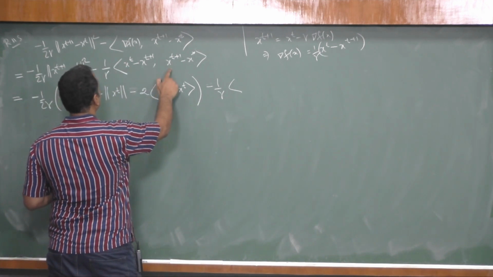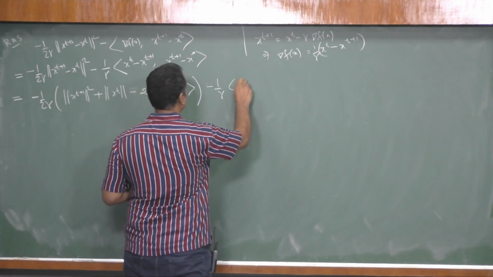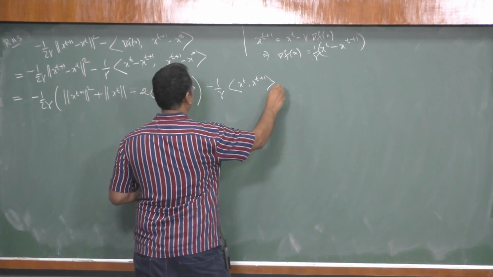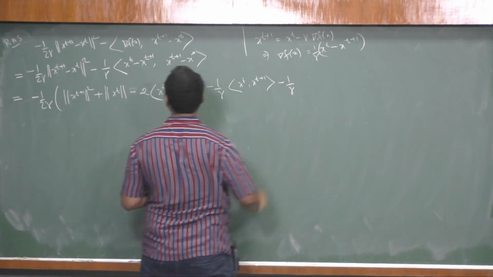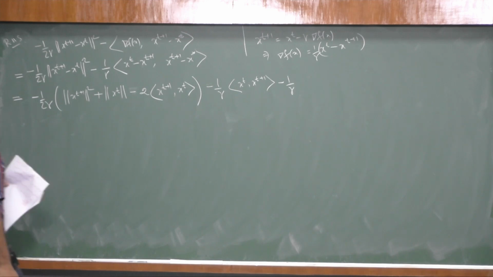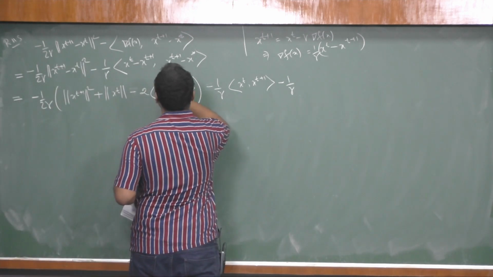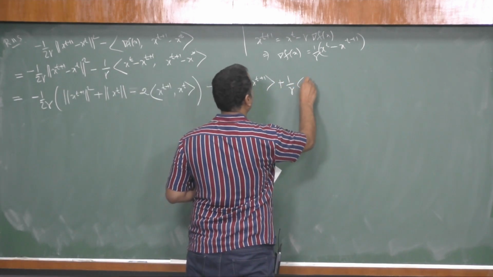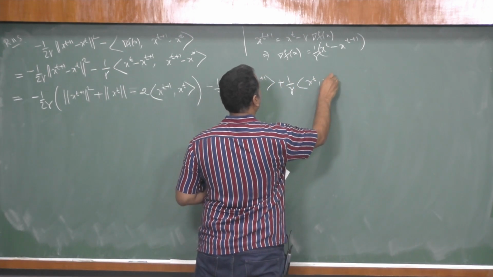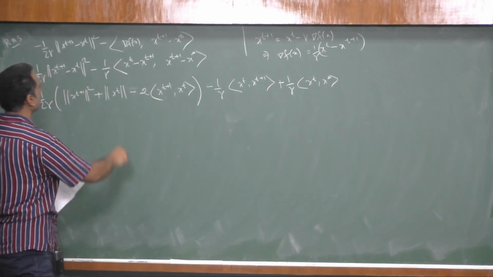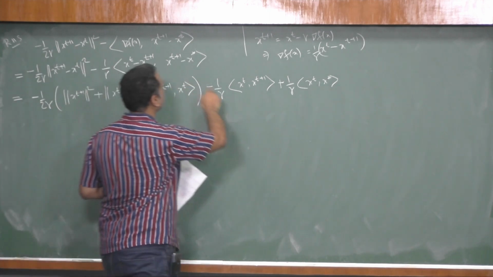So xt plus 1, minus 1 by gamma xt plus 1 by gamma xt and x star, and then plus 1 by gamma xt plus 1 xt plus 1.